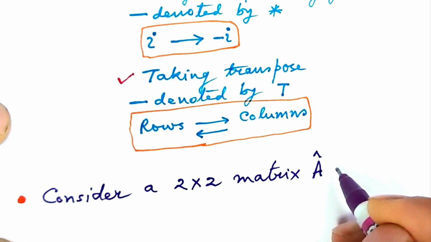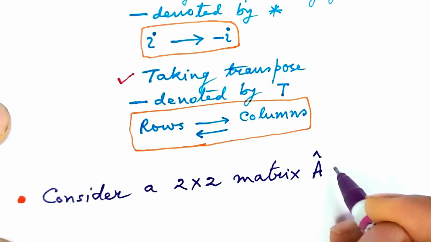Put in another way, operators are represented by square matrices. That is, the explicit form of operators is a square matrix. And operators are written by putting a cap or hat symbol atop them. So we write A cap to denote that A is an operator having a square matrix form.